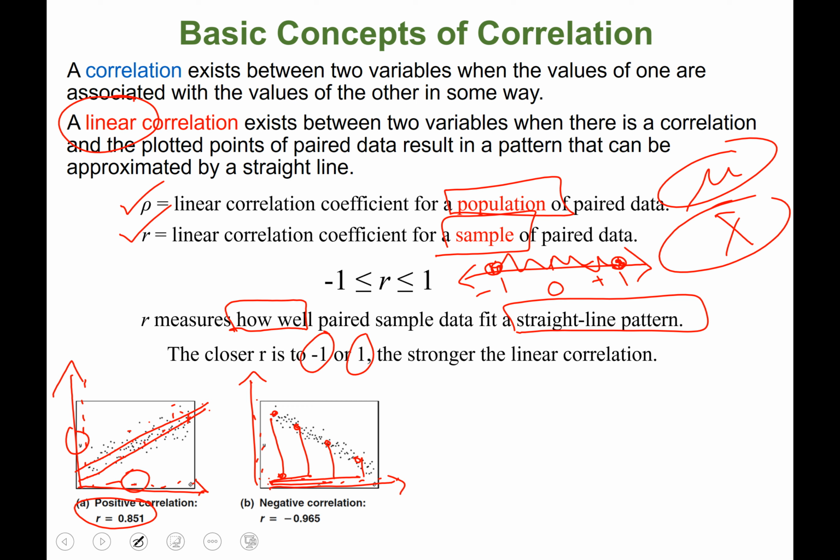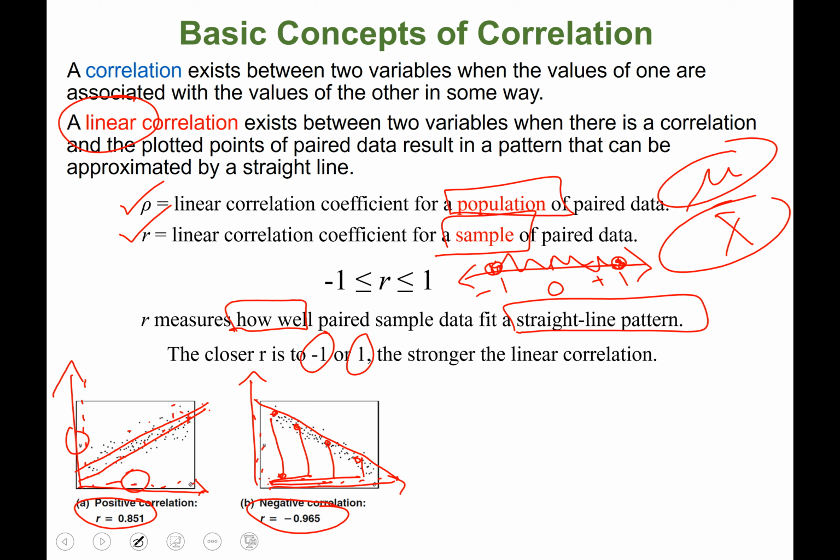You see how it's creating a straight line pattern? So the best fit line maybe looks something like that. This is a pretty strong correlation. How strong is it? We measure that strength, or how well, by the letter lowercase r. And for this one, that lowercase r is -0.965, which is very close to -1.